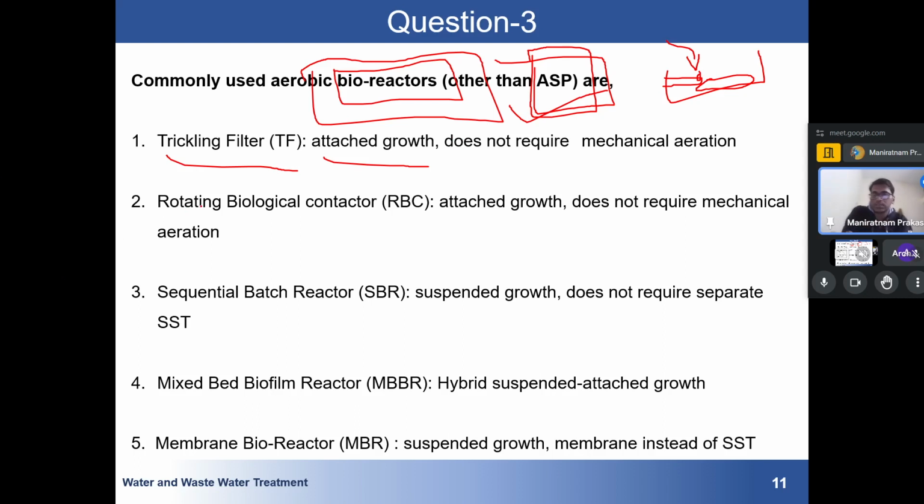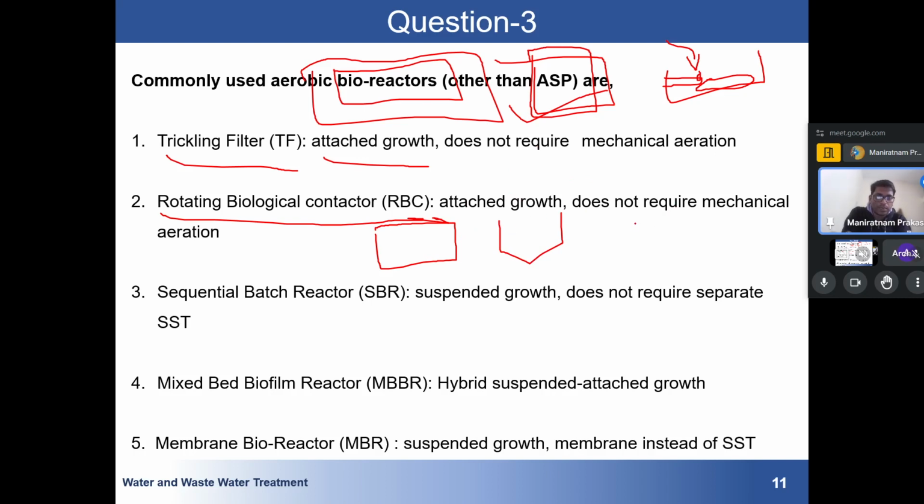Then there is the rotating biological contactor, also known as RBC. Now imagine that in activated sludge process we were having two arrangements: one for providing oxygen, and another for providing microbes.